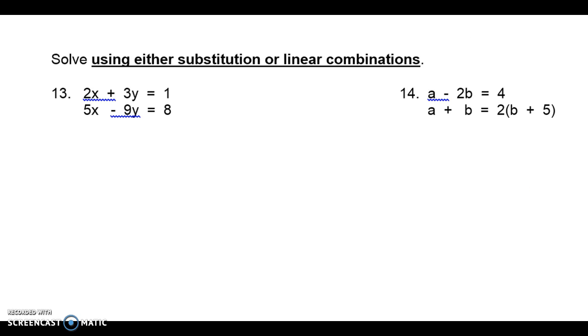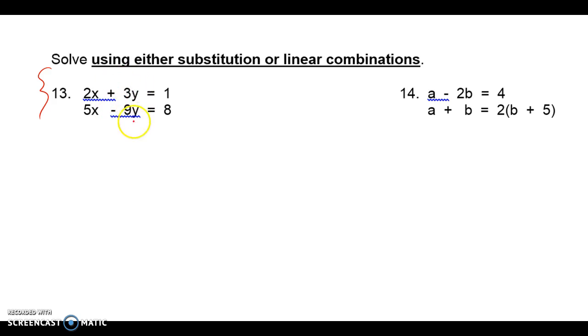Right, these last four we said you can solve any way you like. Now, anytime I have a problem like 13, where none of the coefficients are 1 or -1, I am going to use elimination, not substitution.